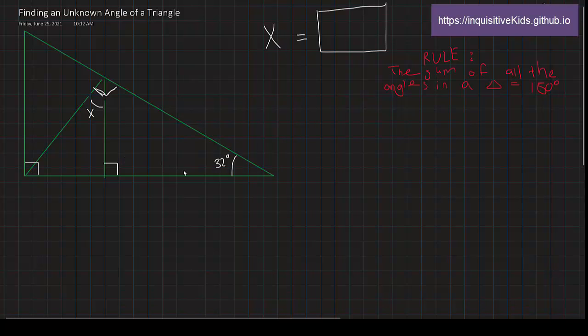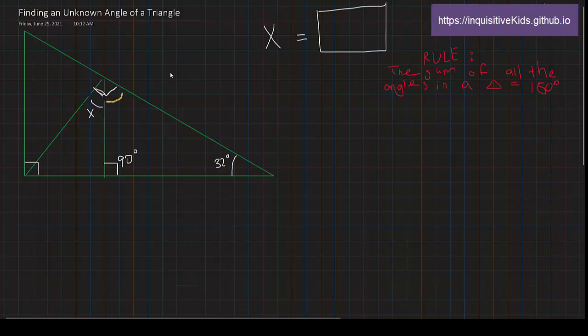Well, the first thing is to say, of course, using this rule, how can we use it? Looking at this right triangle over here, we can see that we already know how much two of those three angles are. This one is 32 degrees. This one is 90 degrees. Now we just have to find this portion. What is this portion?